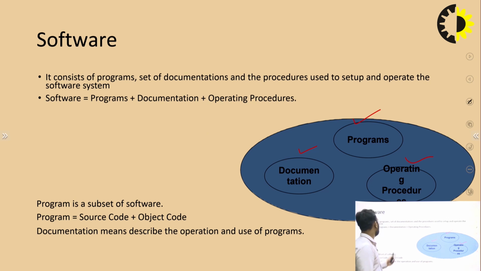So I take here the definition. Note the definition, that is a summarized form of software. Software consists of program along with documentation and the operational procedure. Here I will take a basic example. In real life, when we go to purchase a washing machine, along with the washing machine we get documentation that consists of the operational procedure.